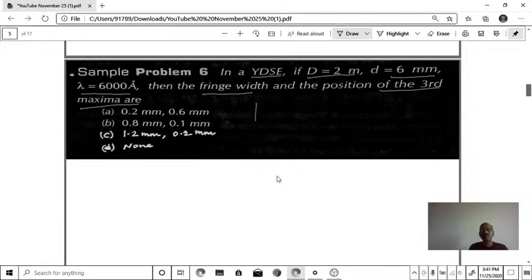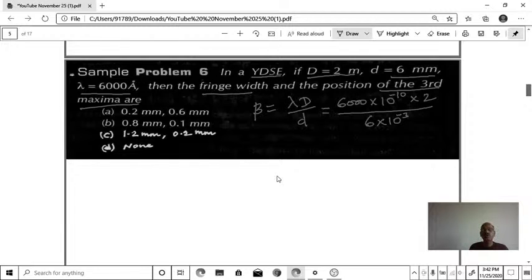First they ask the fringe width. We all know fringe width beta equals lambda D by small d, right? Fringe width is equal to lambda, wavelength we know 6000 angstrom, convert angstrom into meter, 10 power minus 10, into capital D, the distance between the screen and slit, by small d, which is 6 millimeter, convert into meter, 10 power minus 3.